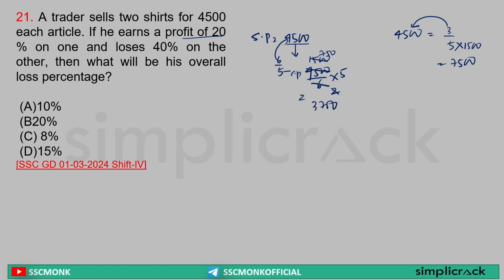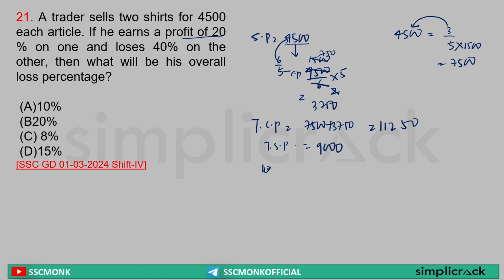Clear? Yes. So it is asking what is the overall percentage loss. What is the total cost price? Total cost price is equal to 7500 plus 3750, which is 11,250. Now what is the total selling price? Total selling price is equal to 4500 plus 4500 is equal to 9,000.